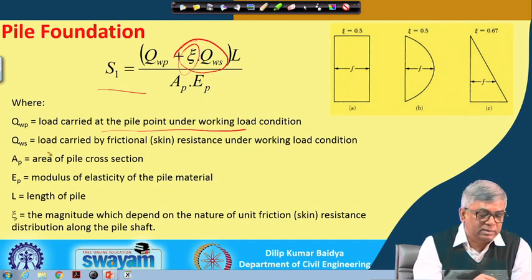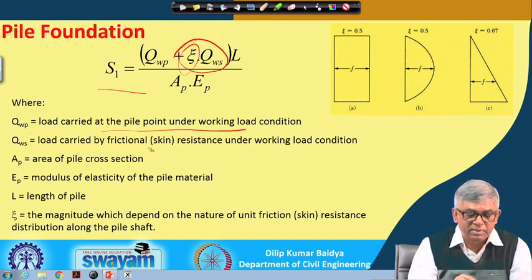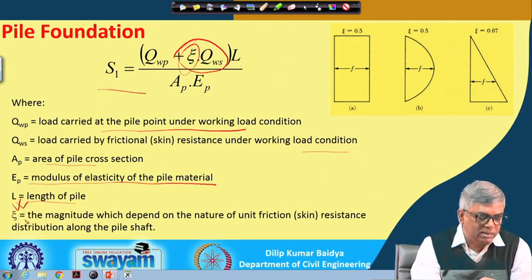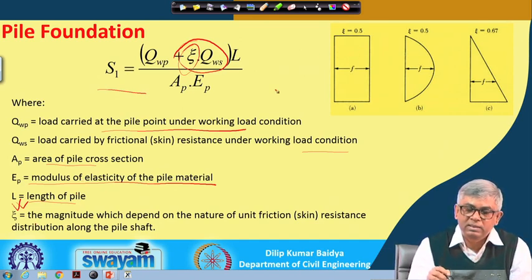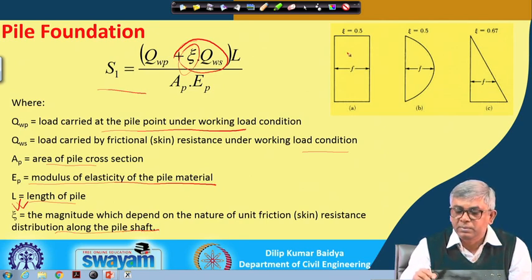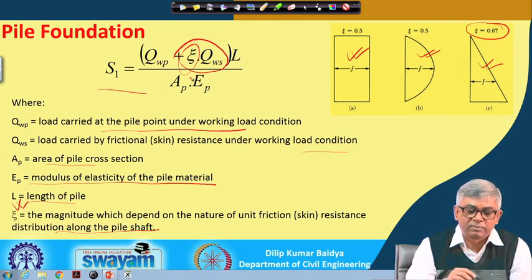You can see here that Q_WS is the load carried by friction under working load condition, A_P is the area of the pile, E_P is the modulus of elasticity of the pile, and L is the length. Epsilon depends on the friction resistance distribution along the pile shaft. If this is the type of distribution, then you can take 0.5. If this is the type of distribution, then also you can take 0.5, and if this is the type of distribution, then you can take this value of epsilon.